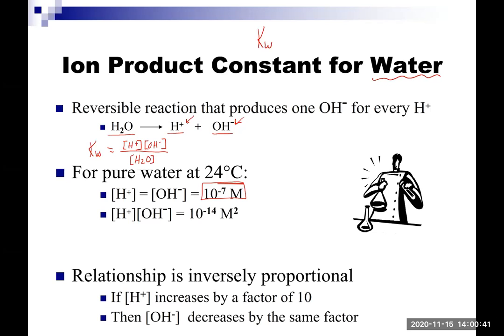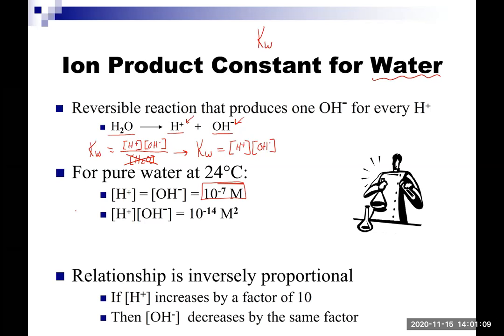But if you remember, water is left out of these expressions because its concentration remains constant in these reactions. So that means that the equilibrium expression, or the ionization expression for water, is simply H plus concentration in molarity times OH minus concentration in molarity.